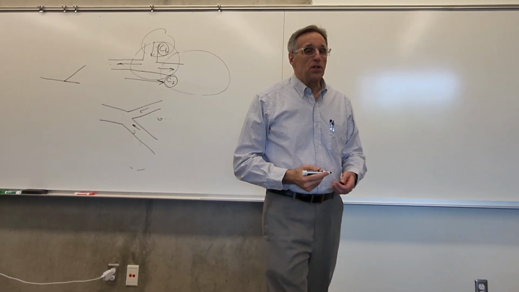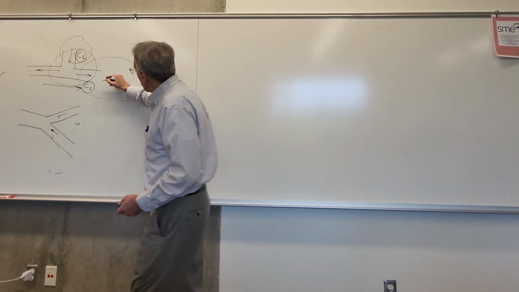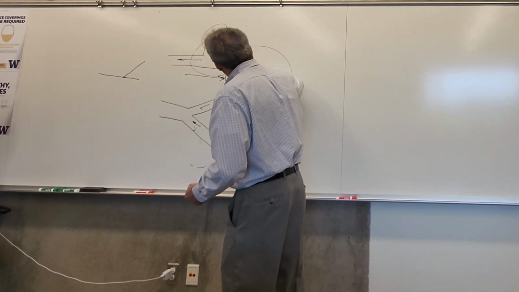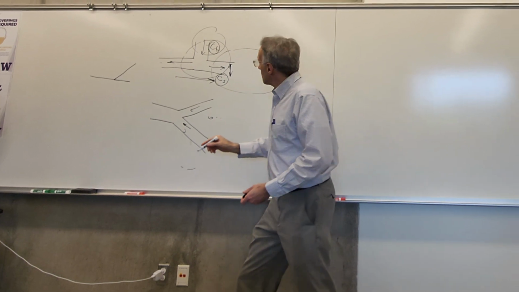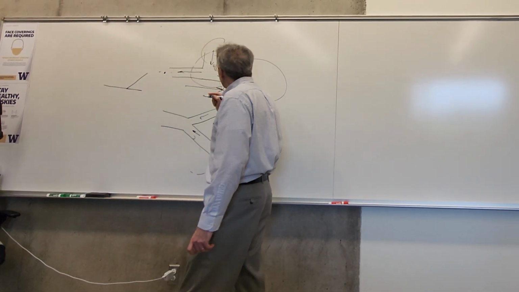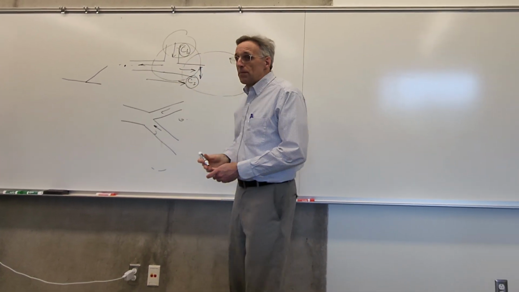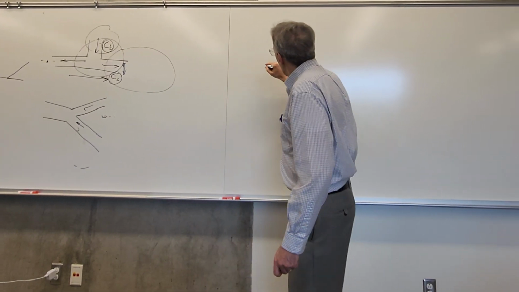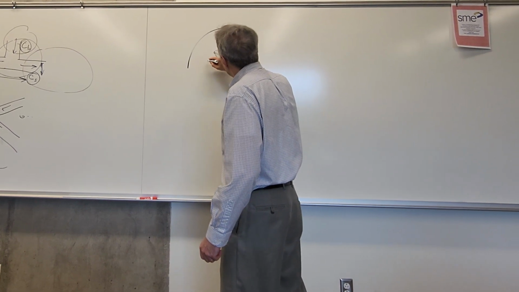But to calculate them, it's based on the diameter of the duct and the velocities at different points. So you may have to know the feet per minute coming in, feet per minute going out. And if it's an elbow, we have to know the radius.